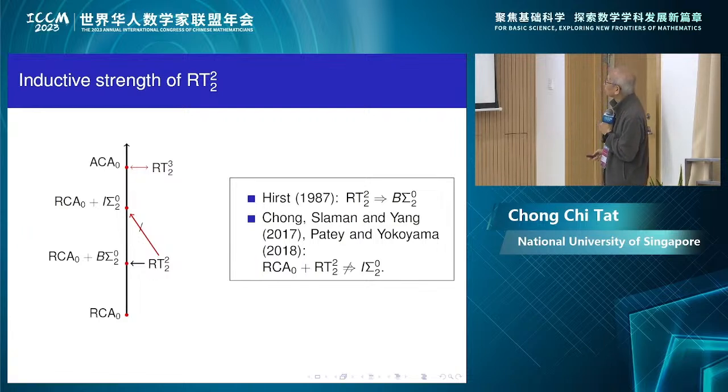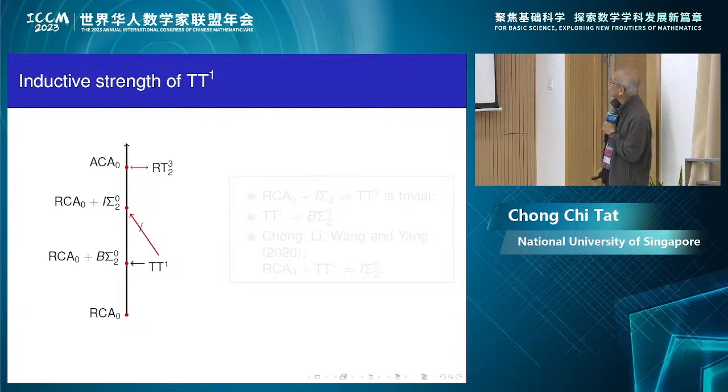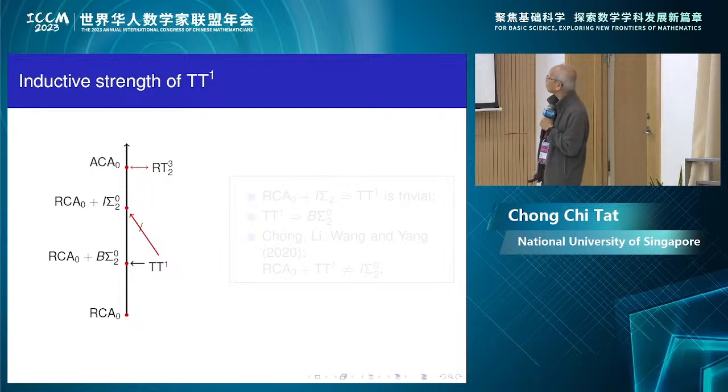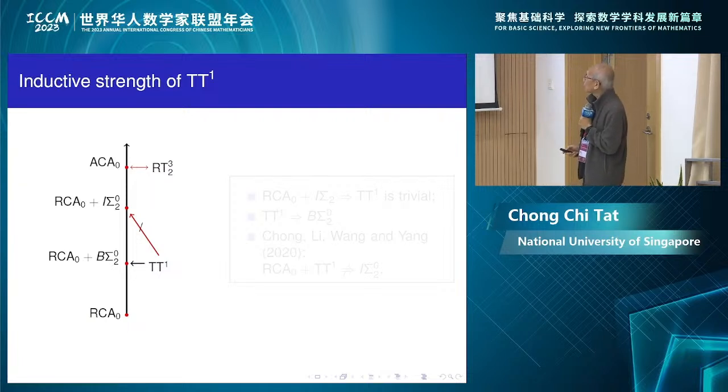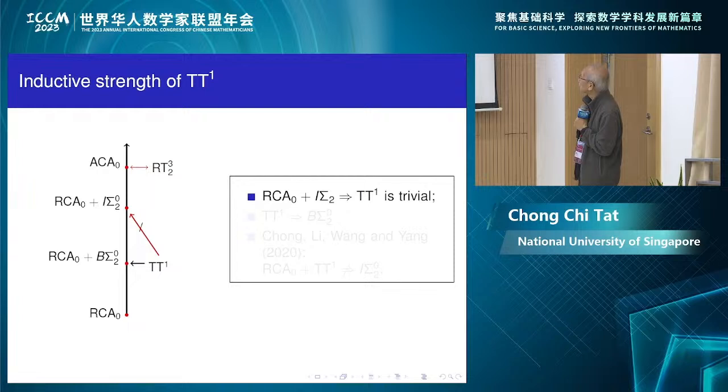Right. Now, coming to the tree theorem, we see something actually quite similar. This was not done until later. So the first thing to note is that if you look at the tree theorem, take the infinite full binary tree and then color the nodes in any number of colors, and the claim is that there's an isomorphic subtree that's homogeneous. First of all, it is trivially true if you have sigma 2 induction, and it's not really difficult to do.